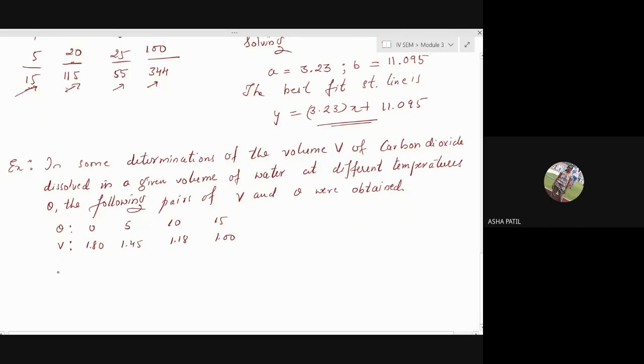Obtain a relation of the form V is equal to A plus B theta, which best fits the given observations.